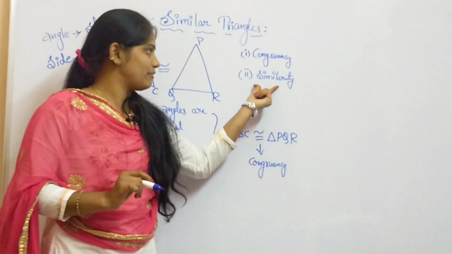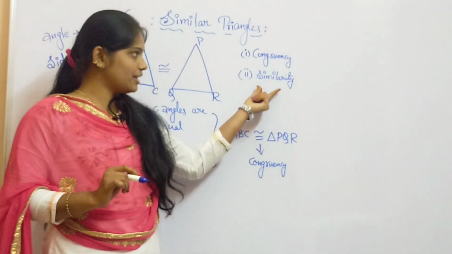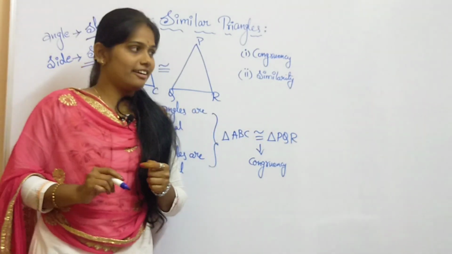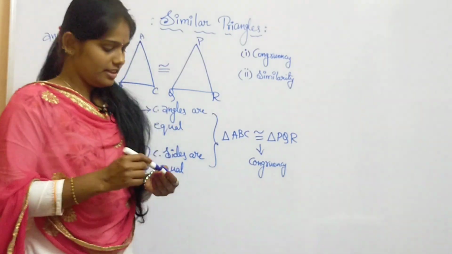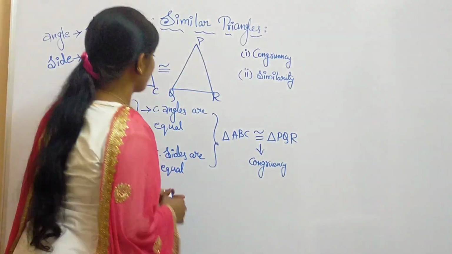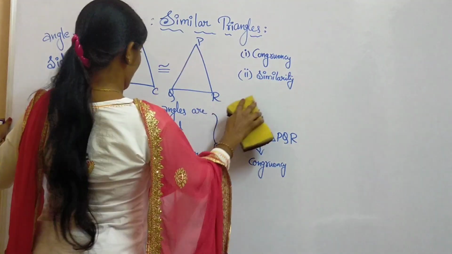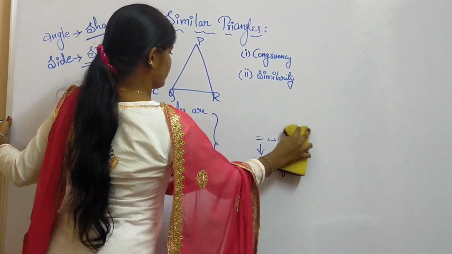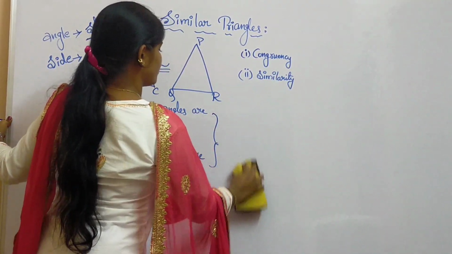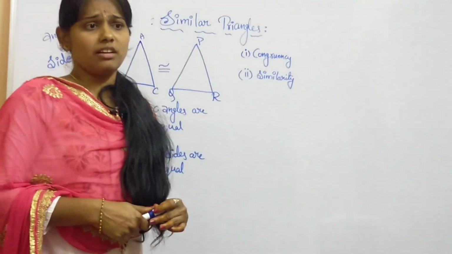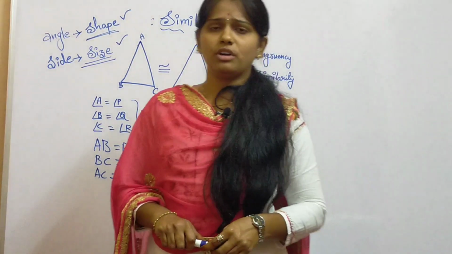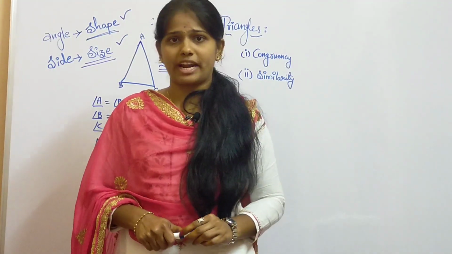So before going into an in-depth understanding of similarity, I want to have a real life example. For example, just assume that Ramu is a person. He went to a photo studio for taking his photograph.